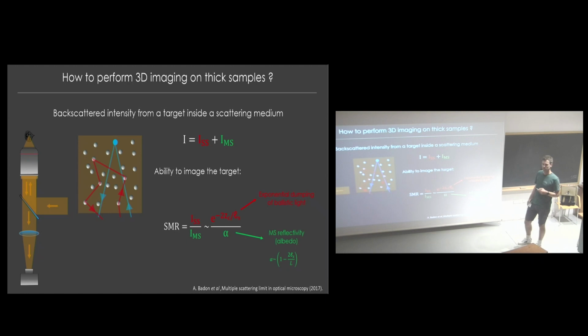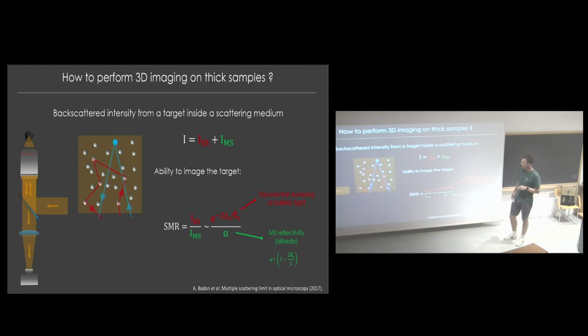But the ability to image the target is just given by, let's say, the contrast that we have. And this is defined by the ratio of our two contributions: single scattering over multiple scattering. And in this regime, if you compute this, what you see is that the single scattering is exponentially decreasing.